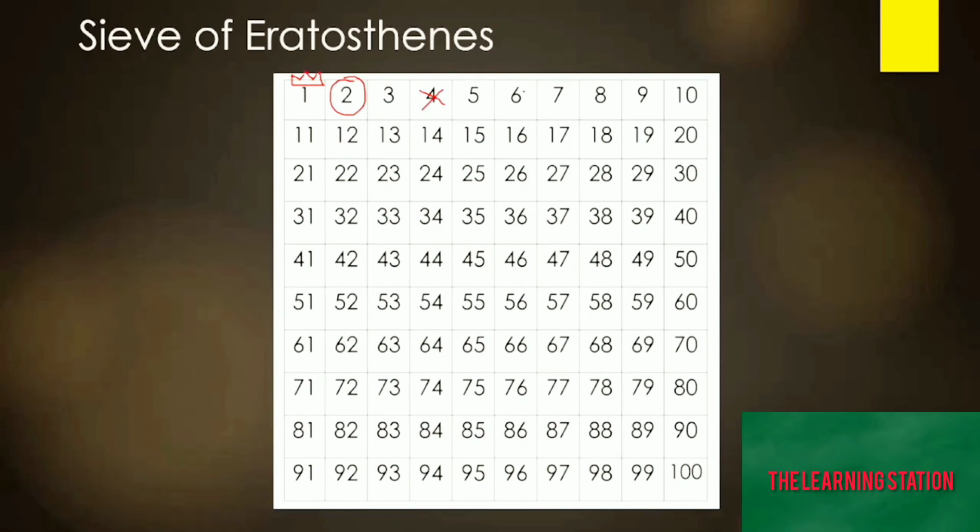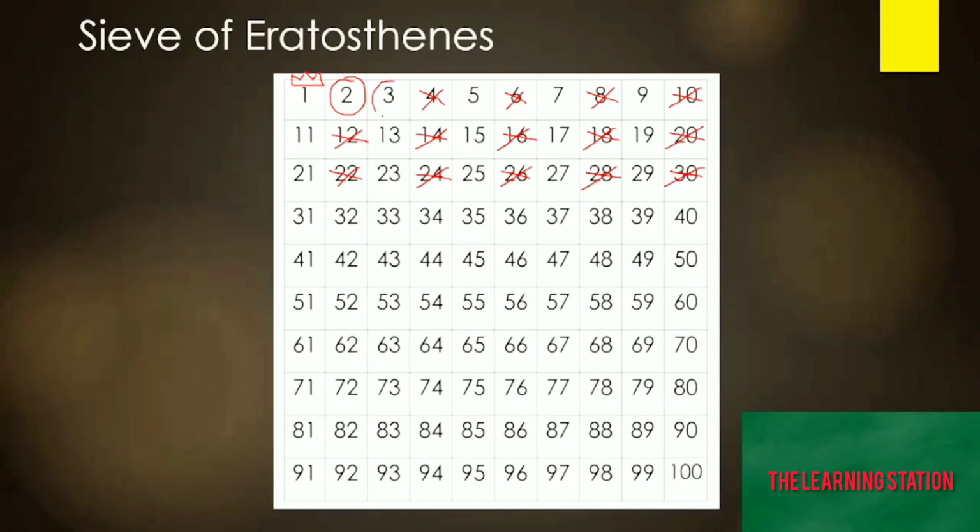Like 4, 6, 8, 10, 12, 14, 16, 18, 20, 22, 24, 26, and so on. If you go on till 100, you would get all the even numbers which come in the table of 2, and they would get crossed. So they are not prime numbers.